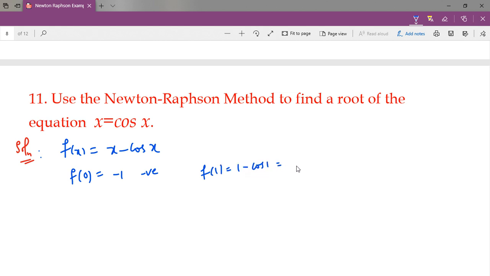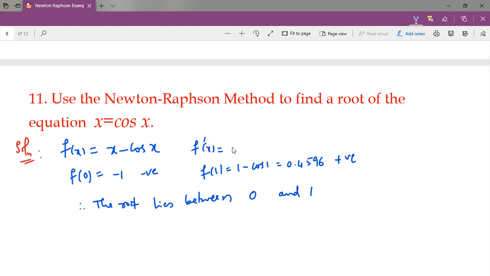F of 1 is 1 minus cos 1, and cos 1 is something 0 point, so this is going to be positive, that is 0.4596. So therefore the root lies between 0 and 1.